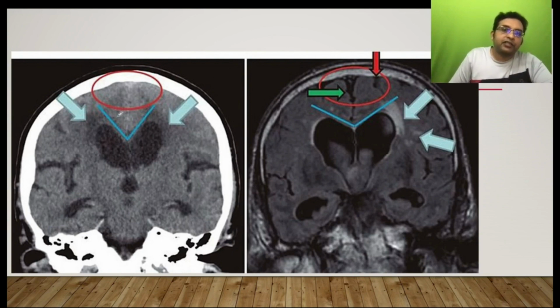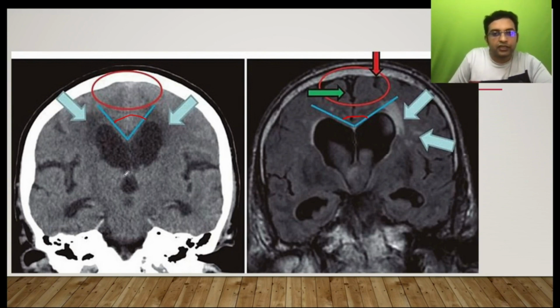And this subcallosal angle, if it is acute, we think of NPH, and if it is obtuse, this is the most common differential. NPH is usually confused with multi-infarct state or age-related atrophy. If it is obtuse, it is most likely age-related atrophy or multi-infarct state, or encephalomalacia occurring due to atrophy, rather than NPH.